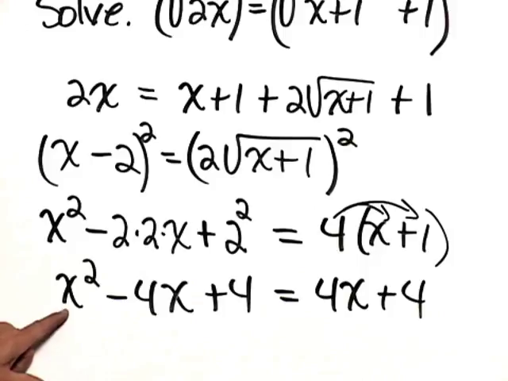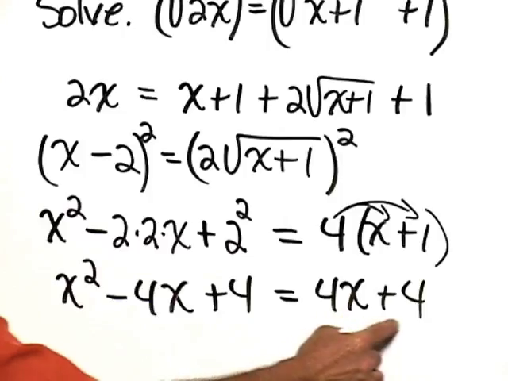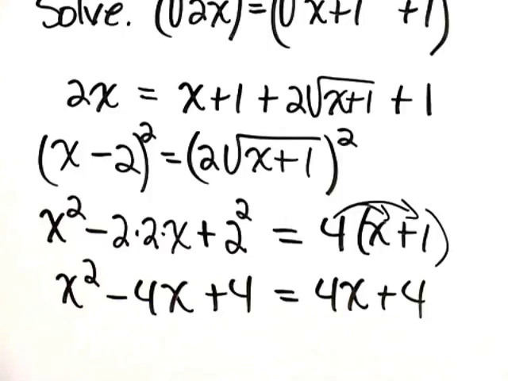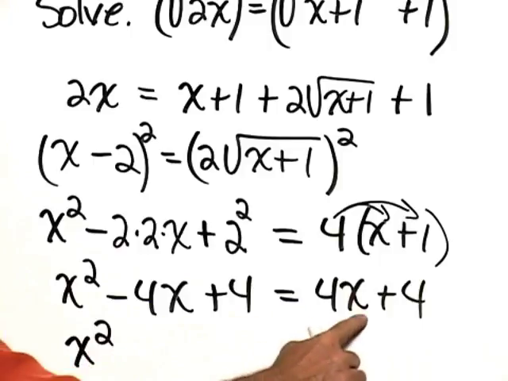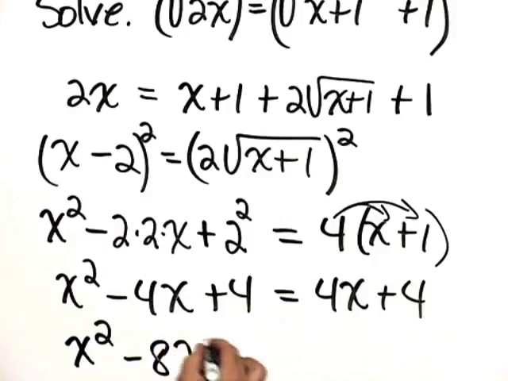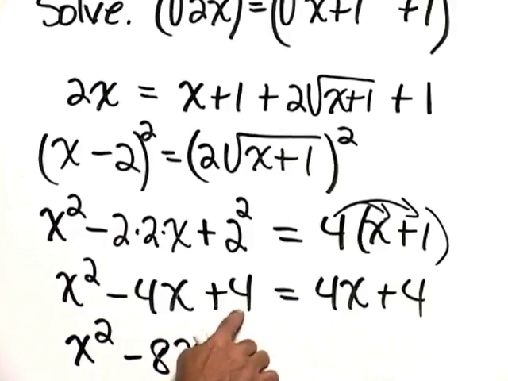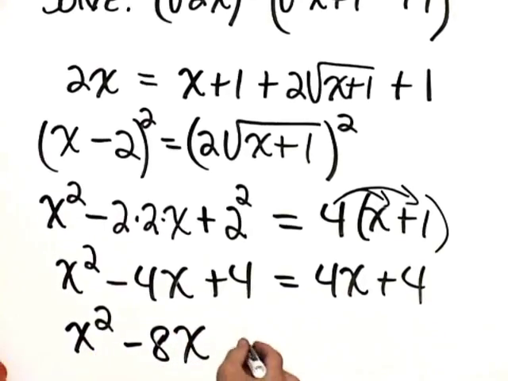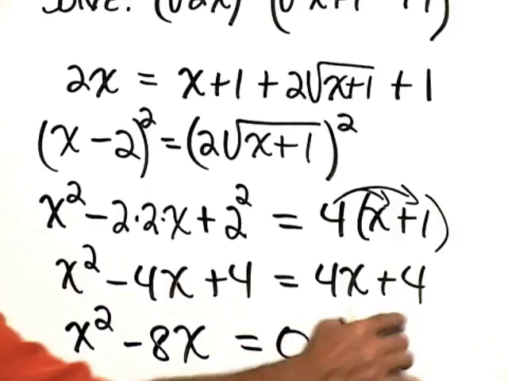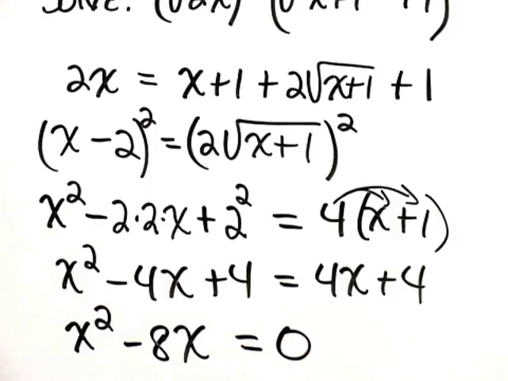Since it's a quadratic equation, the x squared, we need to combine everything on one side, so let's subtract 4x and subtract 4 from both sides. So that would be x squared minus 4x is minus 8x. 4 minus the 4 is 0. And of course, on the right-hand side, we subtract 4x and 4, so we get 0.